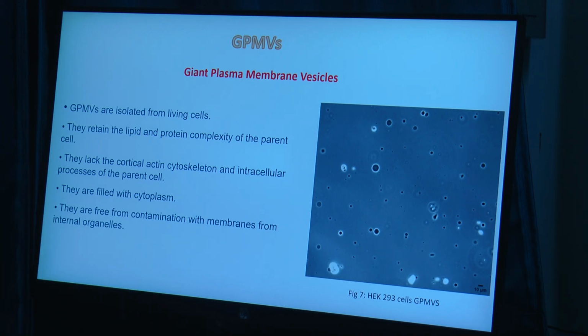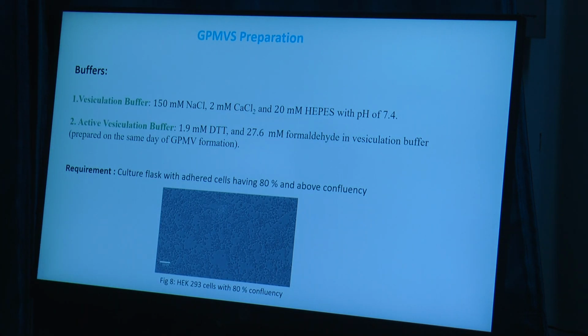For that, the critical step here is the buffer preparation and the health of your cells. As I told you, when we are reviving the cells, that is a very important step. If even one step is not done properly, you will not get proper adherent cells. They will die and you will not have the system. So that was an important step.